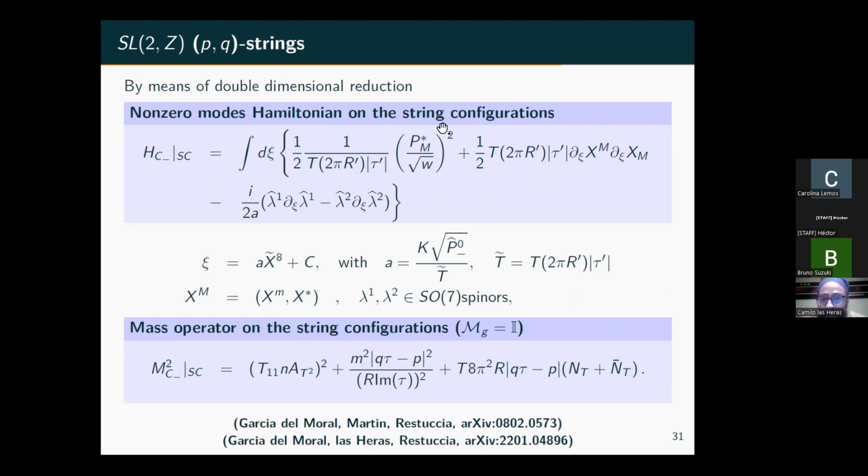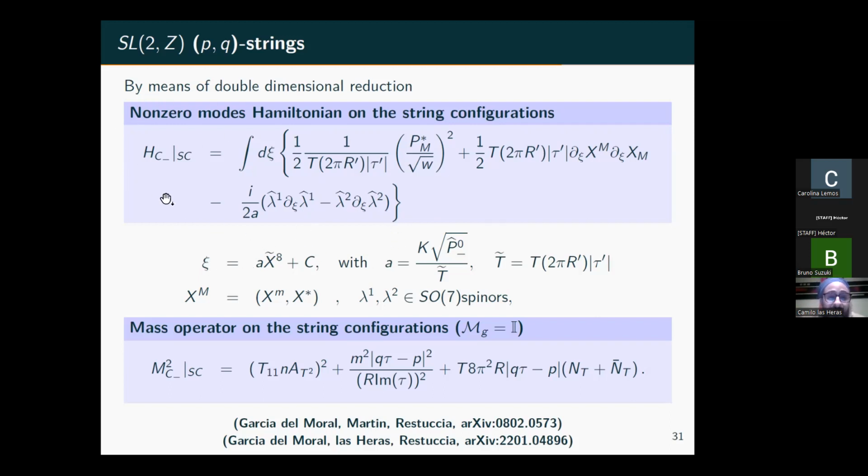We have a bosonic potential that also has the same form as a string Hamiltonian, and we have a fermionic term that also has the same form as a string Hamiltonian. Here chi is a coordinate that has dimensions of length, and it is written in terms of x8, which is one of the directions of the target space, plus some SL2Z transformations that we have previously done using the symmetries of the M2 brane on a torus.